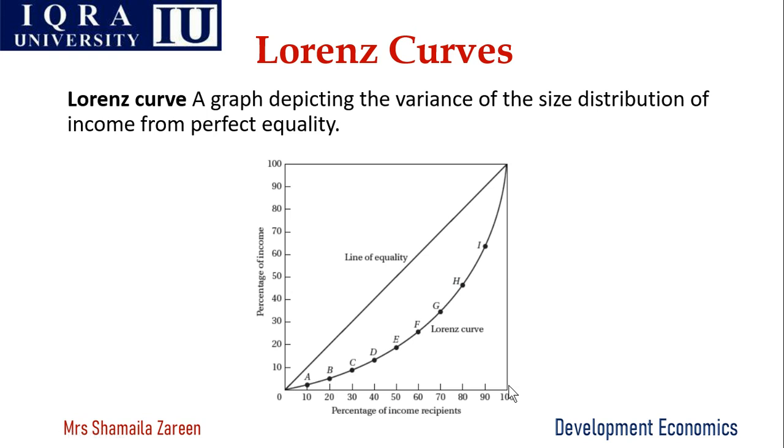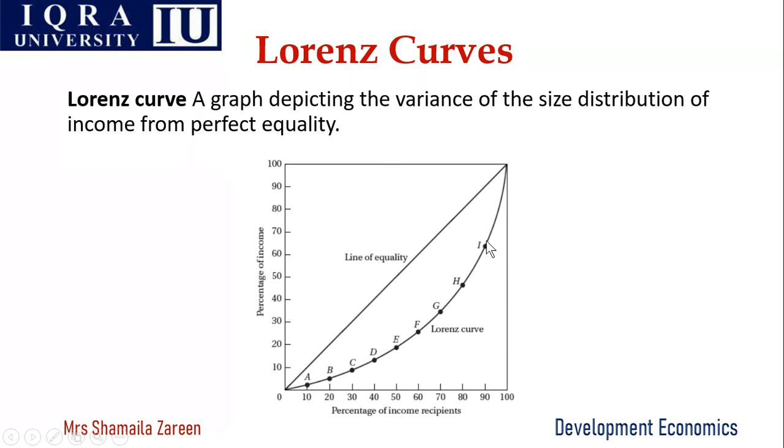The vertical axis shows the share of total income received by each percentage of the population. It is also cumulative up to 100%, meaning that both axes are the same length.